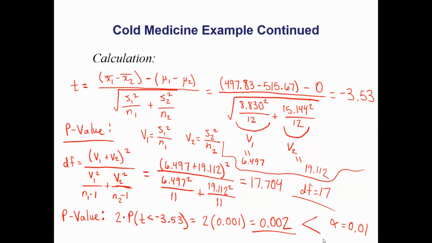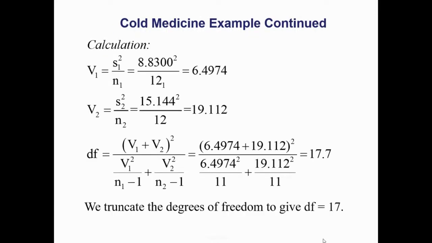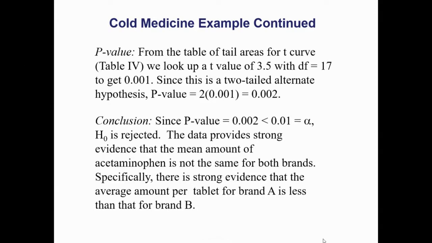That's right. Okay, I need to get to the next slide. This is just them getting degrees of freedom. We did that. Okay, there's our p-value. Let's do the AP conclusion this time. It's more wordy, but I did dual credit last time. Let's do AP this time.